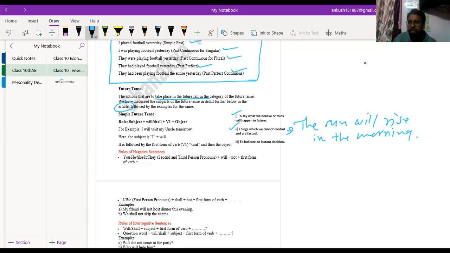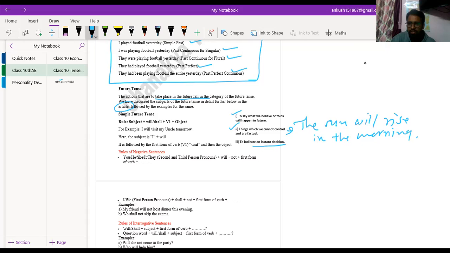Understood? And we cannot control it. Can you control or stop the sun from rising? No. It is a factual act which will take place, and it is certain that it will definitely take place. Understood?